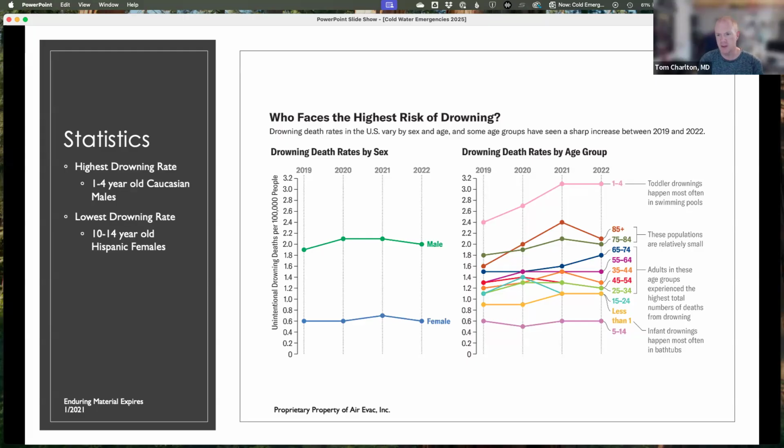So that number dramatically increases with age, to the point where nowadays you're either really young or really, really old. And looking down, we have the rest of the age groups, with the lowest rate being in this 5 to 14 range here, and that's including both genders.